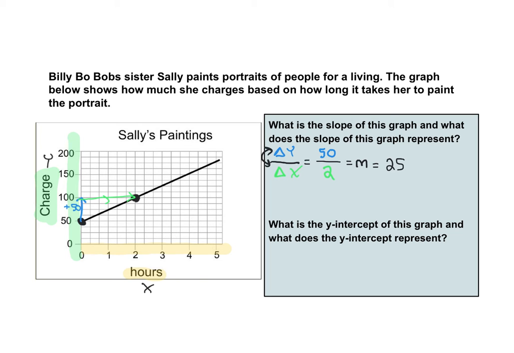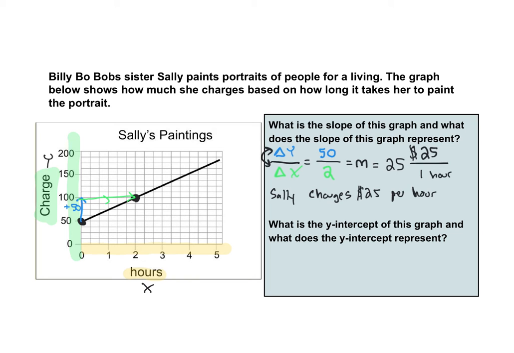So this is going to be $25 per 1 hour. Or you can say that Sally charges $25 per hour. Okay, so there's my slope.